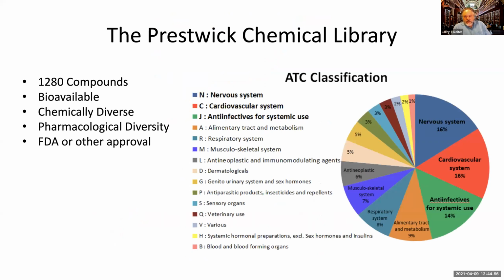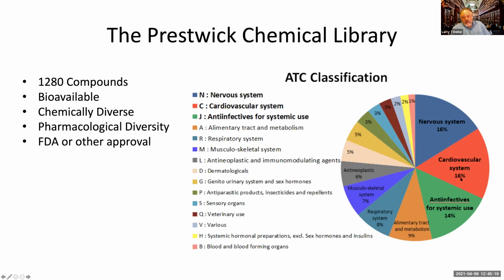So the first library we finished is a library called the Prestwick Chemical Library. There's 1,280 compounds. These compounds are chemically diverse, bioavailable. They've been approved by either the FDA or other approvals that they've had internationally.